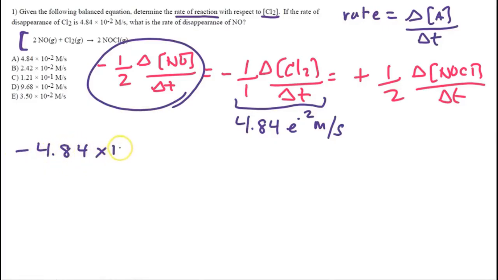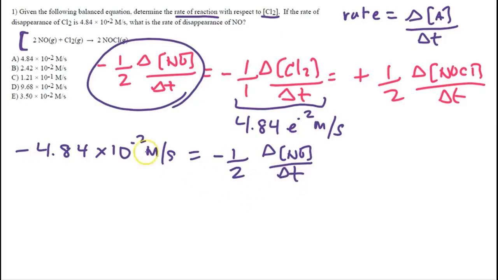So we know that this entire thing is equal to negative 4.84 times 10 to the negative 2 molarity per second, and we're saying this is equal to negative 1/2 times x, the rate we're looking for. To solve for this rate, I'm going to multiply this side by negative 2 over 1.